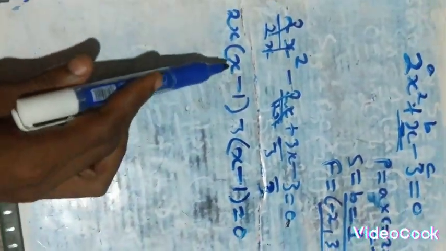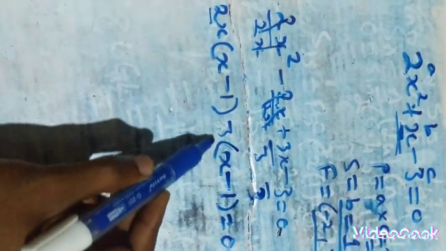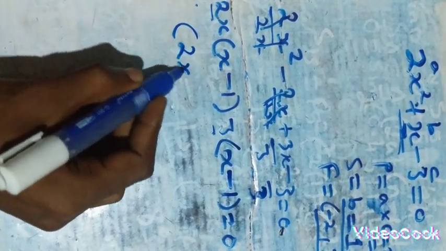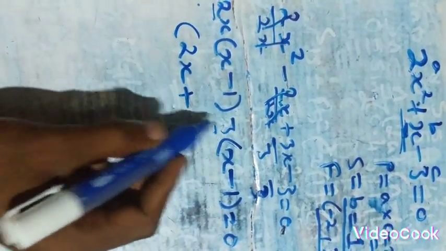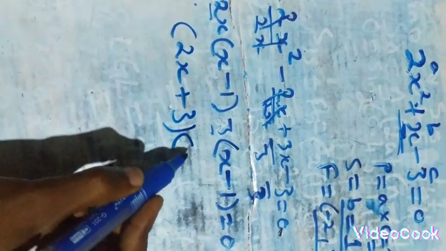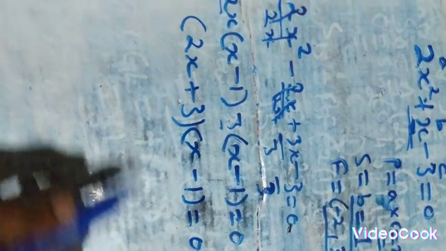Then what you are seeing is that these two are common. Before we pick one, we put these two in brackets. So we're going to say 2x plus 3, close. You are going to pick one because they are common: x minus 1, then equal 0.